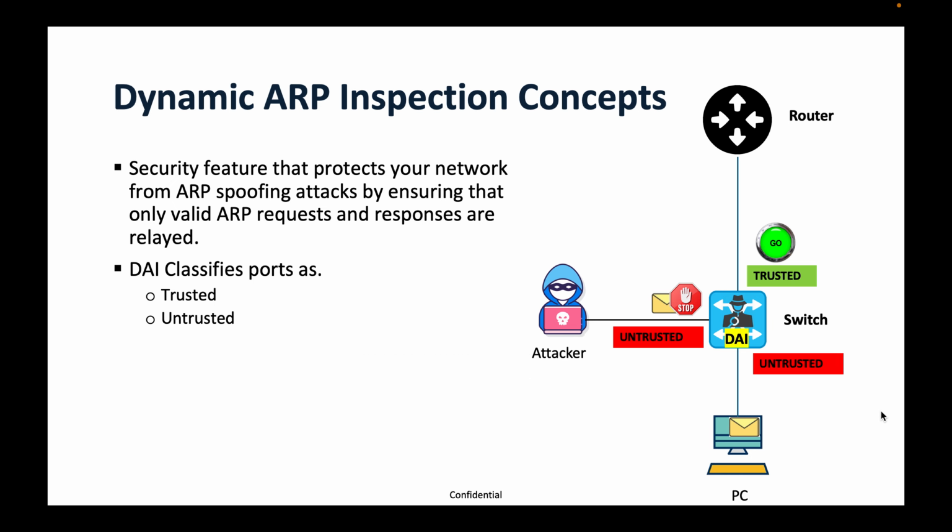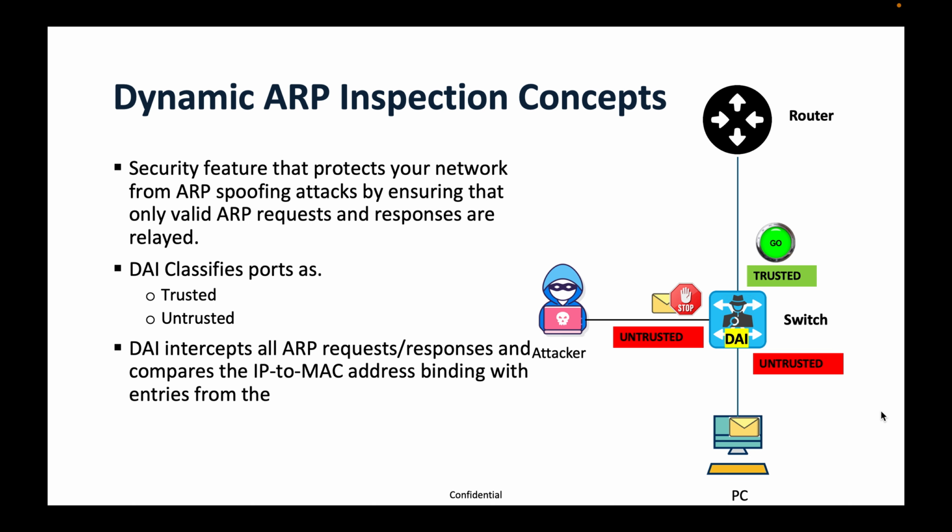on an untrusted port, DAI intercepts all ARP requests or responses and compares the IP address to the DHCP snooping binding table, or, I think, with another method called an ARP access list.